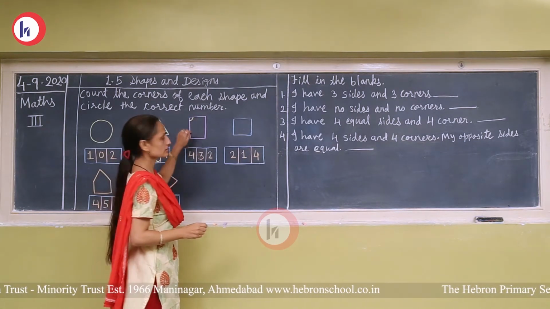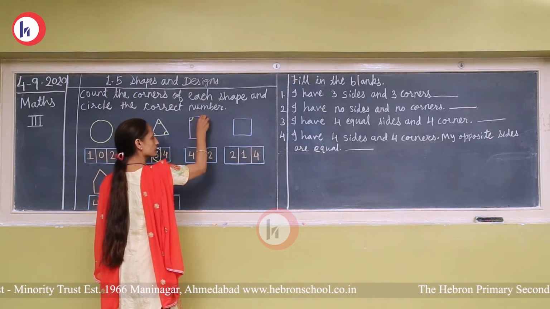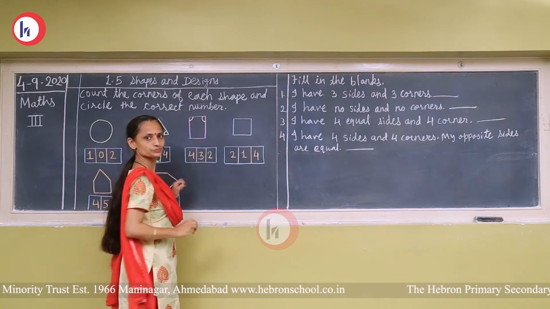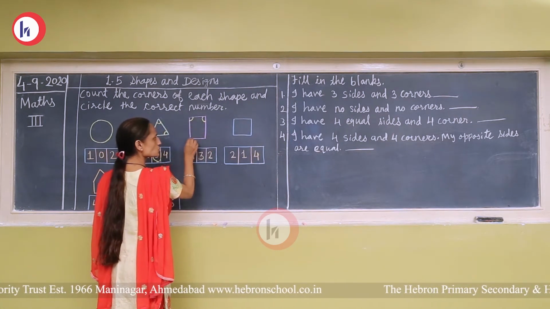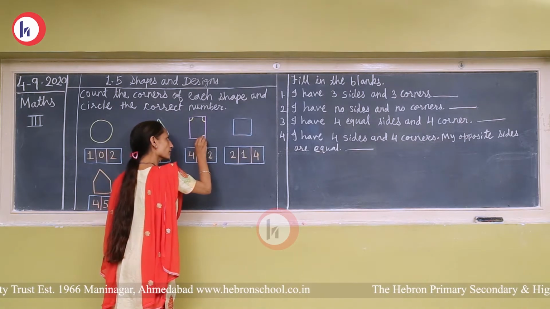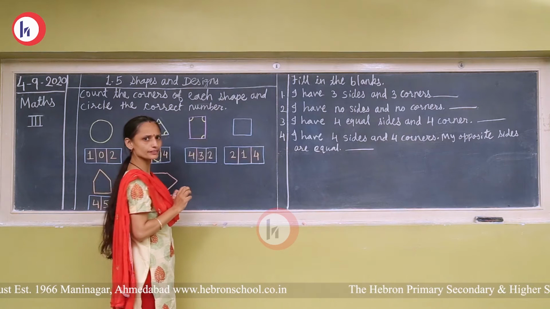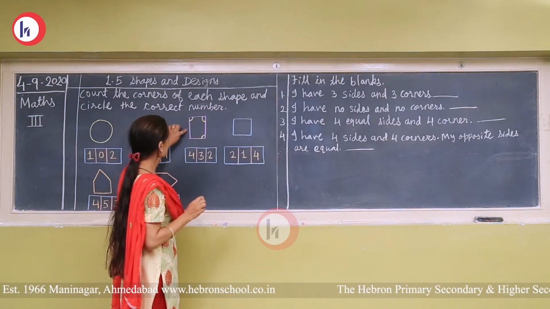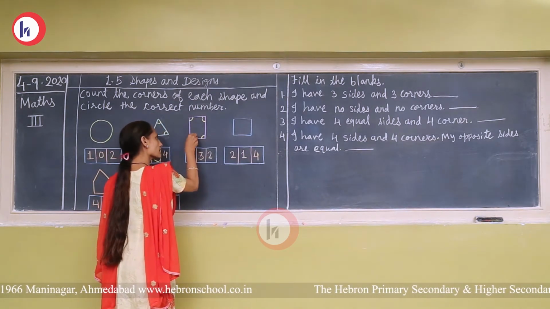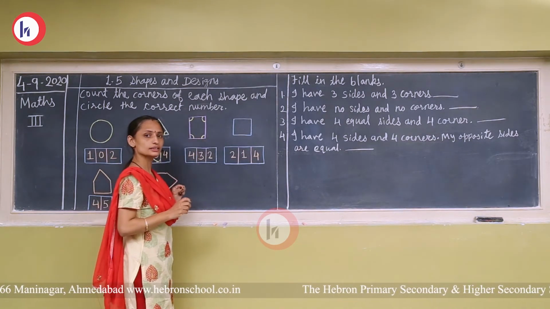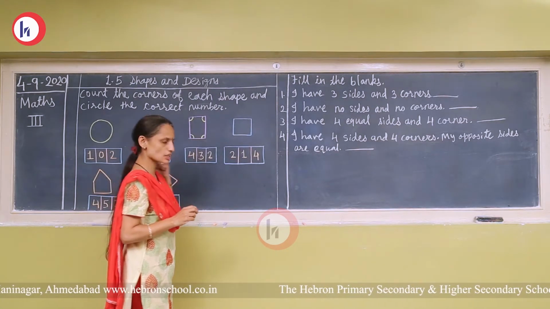Then next, here 1 line, 2 line, so here again it is a corner. Then here, 1 line, 2 line, again 1 corner. And any corner left? Yes, here also it forms a corner, because 1 line, 2 line means it is also 1 corner.